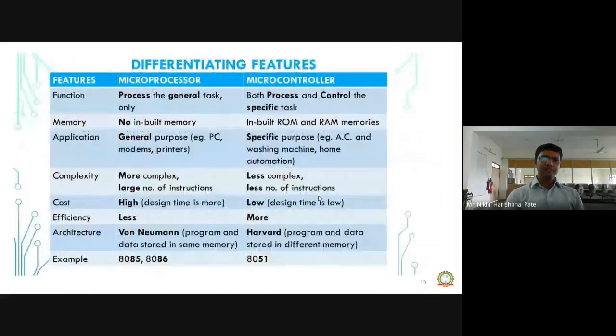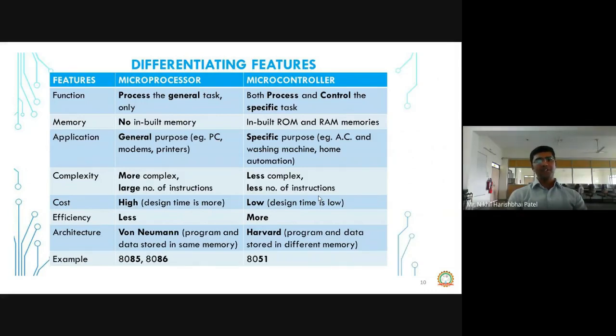These are the main feature differences between microprocessor and microcontroller. As we know, the microprocessor is used for general purpose application, but microcontroller is used for some special purpose application like washing machine, microwave oven, toys, and some specific applications, traffic light control system, etc. Another main feature that differentiates is that the microprocessor does not have inbuilt memory.